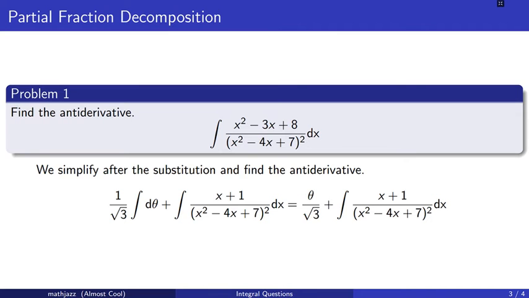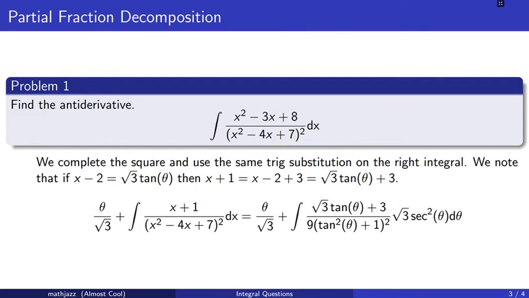This integral here, the integral of x plus 1 over the square root of x squared minus 4x plus 7, we look at that and we think, well, let's try the same thing. We will complete the square, just like we did for the other one, and we will do the same trig substitution.